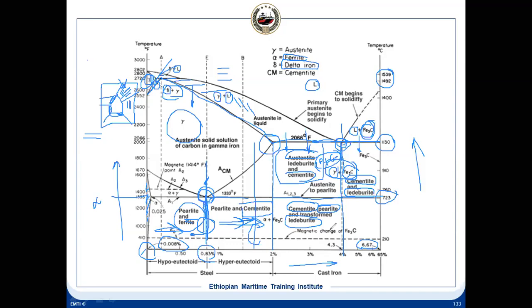Yeah, 1130. And then above that, the austenite is in liquid form. But below that, I can also see one austenite in liquid form. Can you show me?